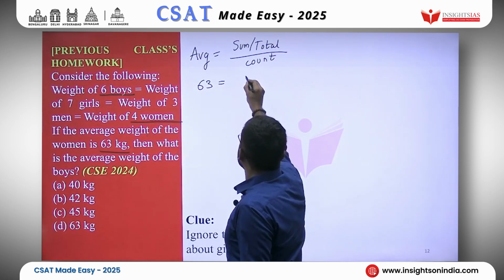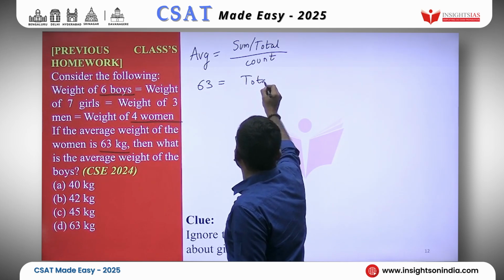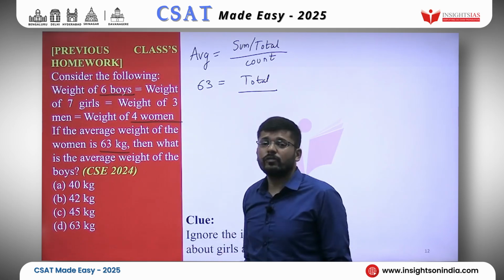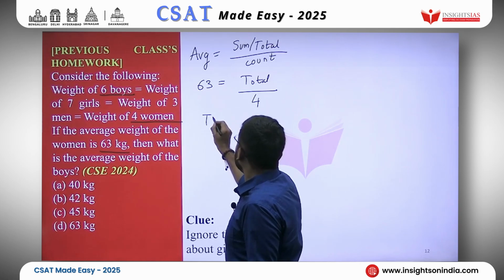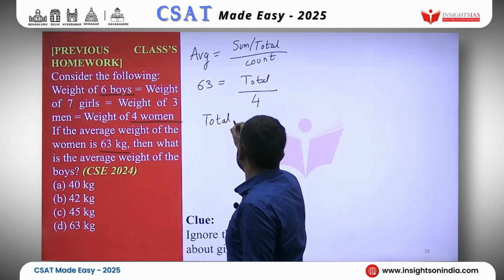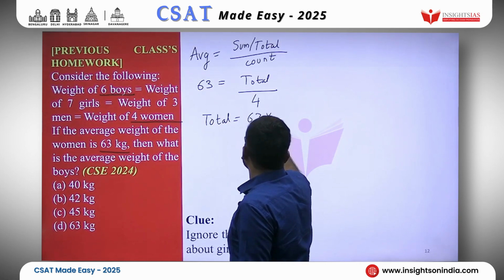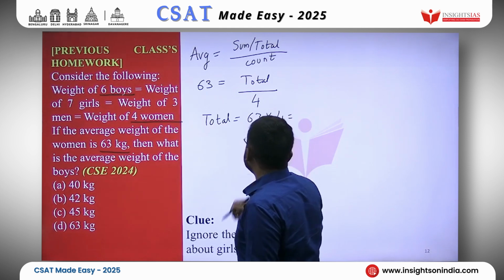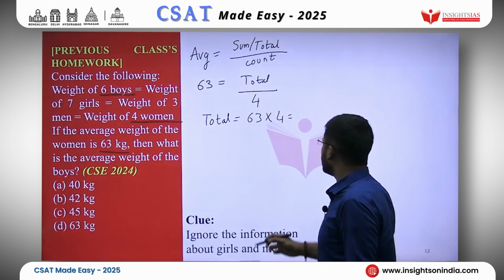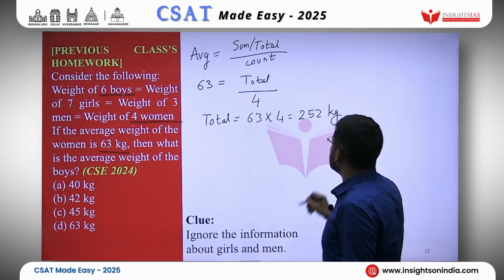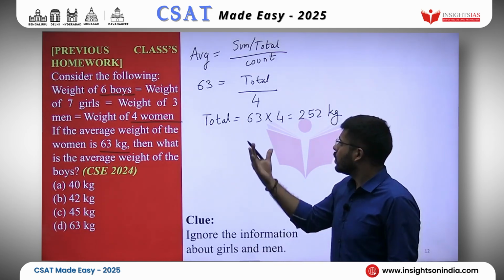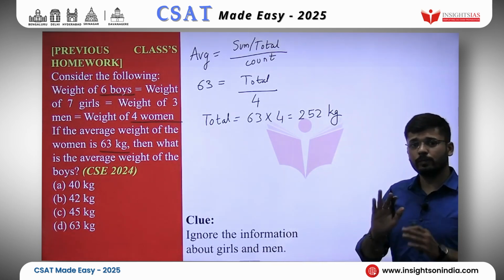We do not know. We will keep it as total. And what is the count? How many women are there? There are 4 women. So what will the value of total be? That would be 63 into 4. What is 63 into 4? That would be 252 kg. So the total weight of 4 women is 252 kg.